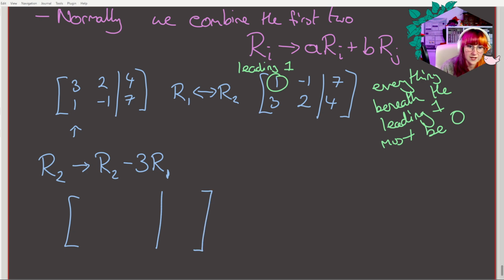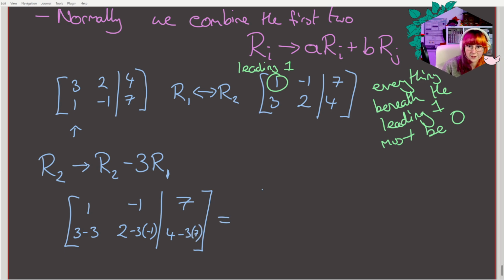So that looks like this. To write my matrix, I leave R1 alone. I'm not doing anything to R1. And then it's element-wise. So whatever I do to the top, I go down and I do it to that row. So 3 lots of R1, so I get 3 minus 3 lots of 1. And then I get 2 minus 3 times minus 1. And then I get 4 minus 3 lots of 7.